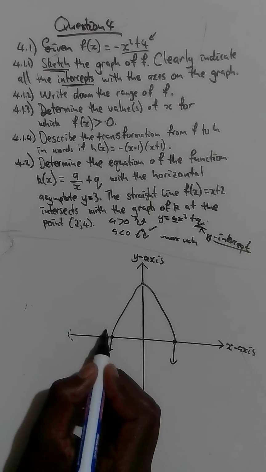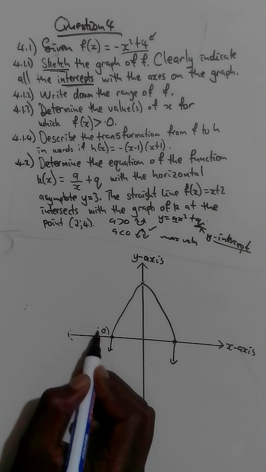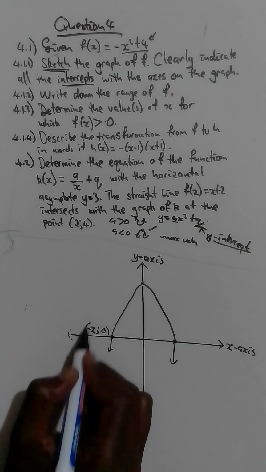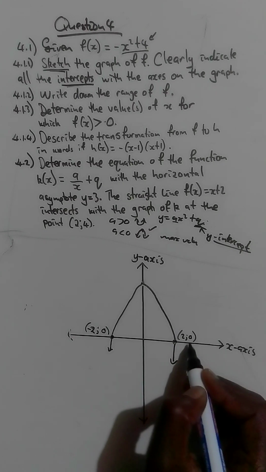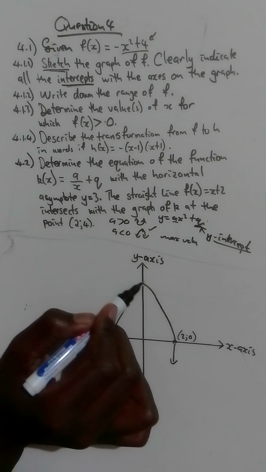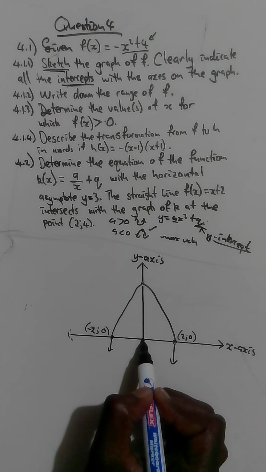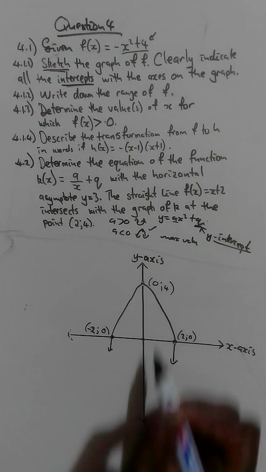Now I come here and I clearly label that at my x-intercept, my y is 0, and here I had -2, and here my other x-intercept, my x was 0 and my y was 0. And then I must indicate that this is y, and my x here is 0, so my x is 0 and the y is 4.